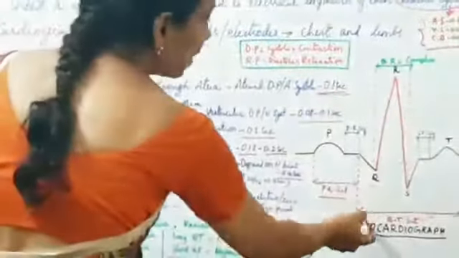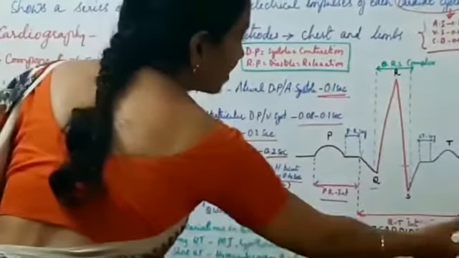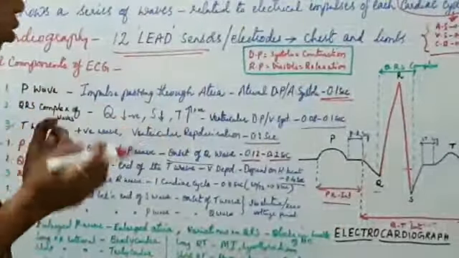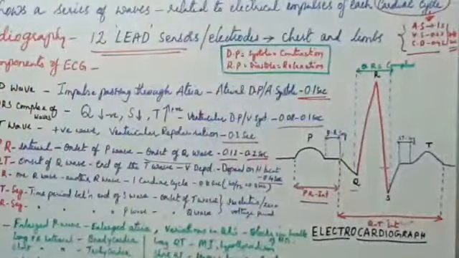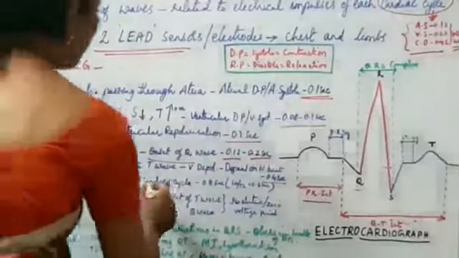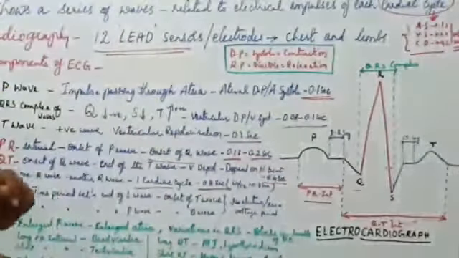So if the heartbeat rises, it shortens, and if the heartbeat is slow, it extends. Okay, the next one is the RR interval. This is from one R wave to another R wave. From one wave to another wave, it takes one cardiac cycle. It comprises 0.8 seconds.